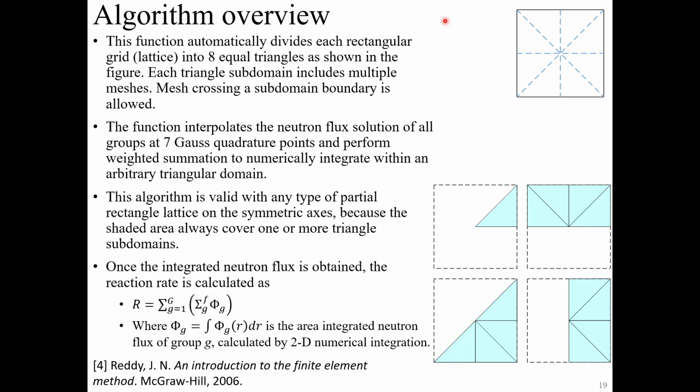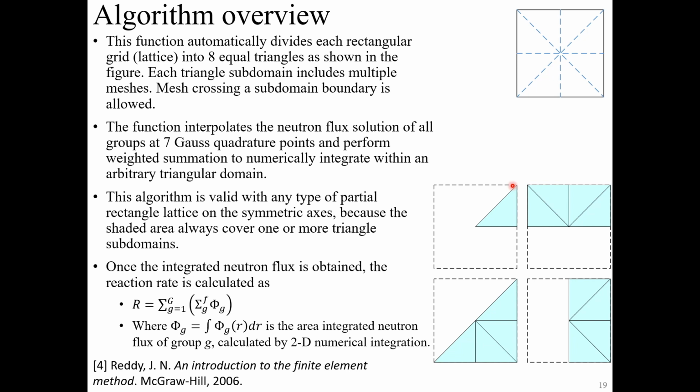This algorithm is valid with any type of partial rectangular lattice on the symmetric axis, because the shaded area, or this blue area, always exactly covers one or more triangle subdomains, no matter how you cut the assembly.